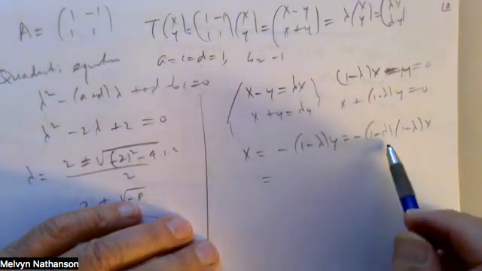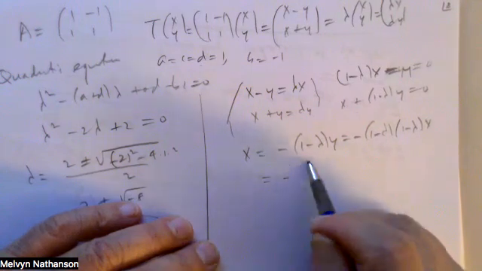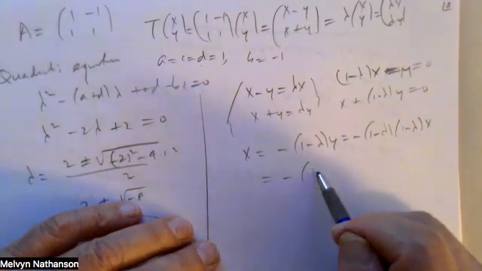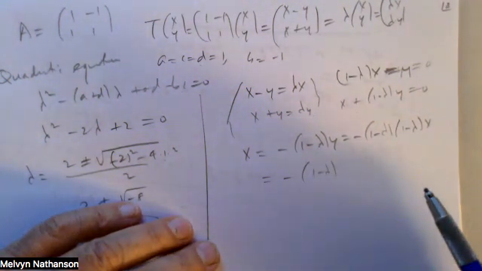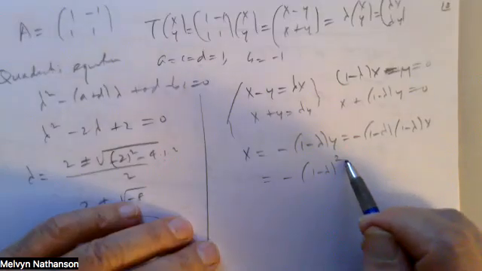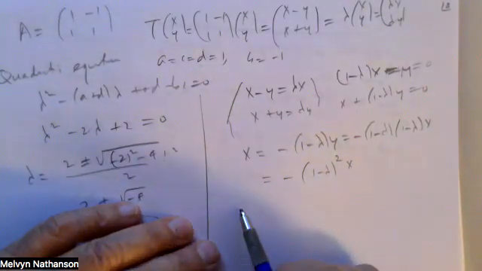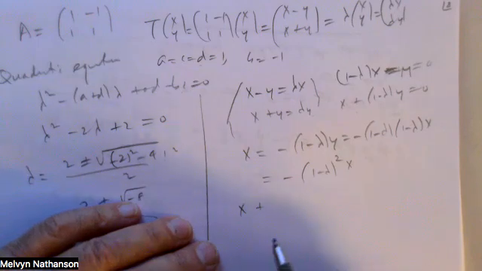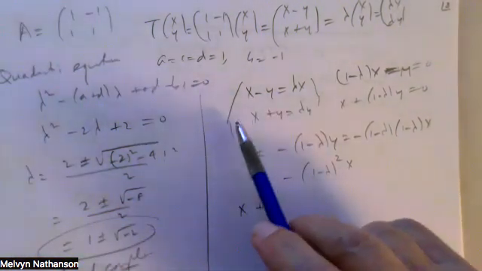So this is equal to minus 1 minus lambda squared x. So x plus, see, something here doesn't look right.